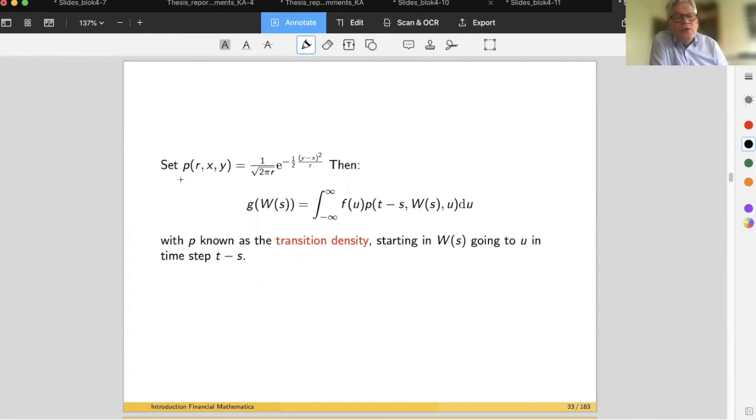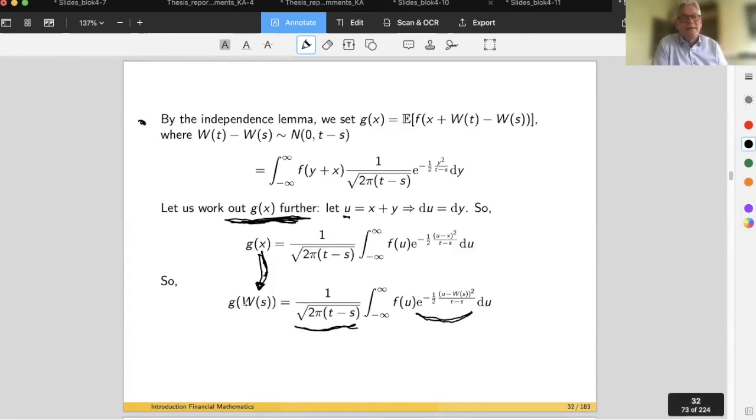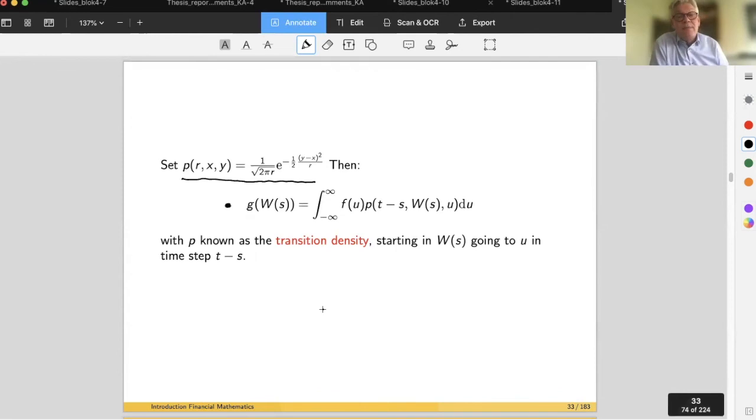If we adopt this notation, then our g from the previous page, with x being Ws, r being t minus s, and y being u, gives us that g of Ws is the integral from minus infinity to infinity of f(u) times p with arguments (t minus s, Ws, u), du.